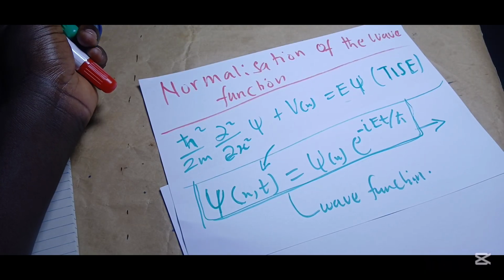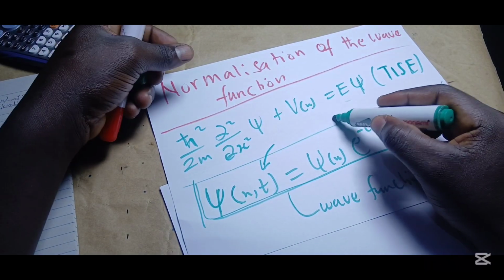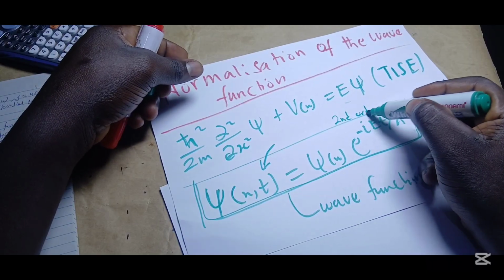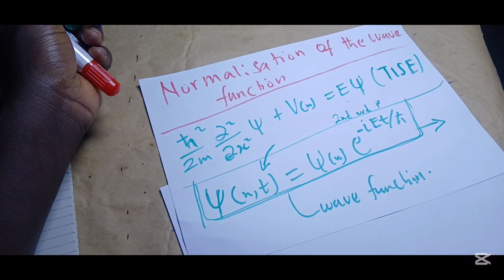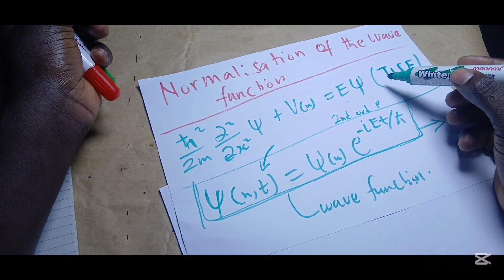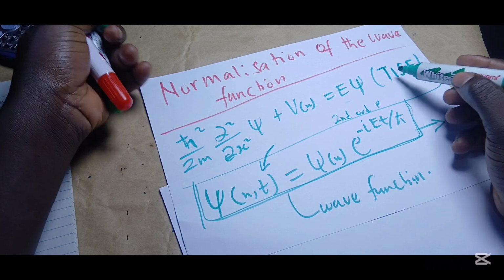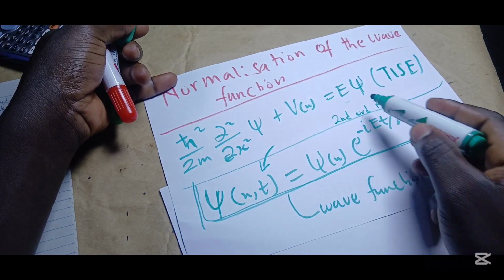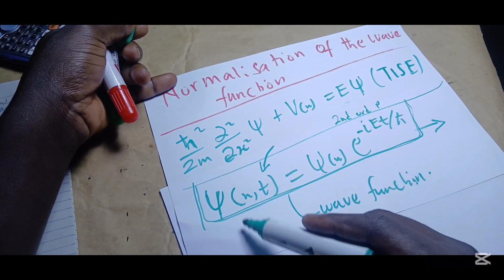Now, what you need to know is that this equation is a second order partial differential equation. If you solve this, you can get several solutions, which are the wave functions.